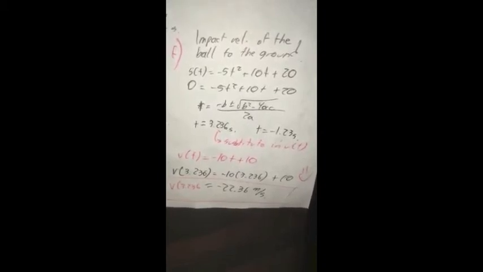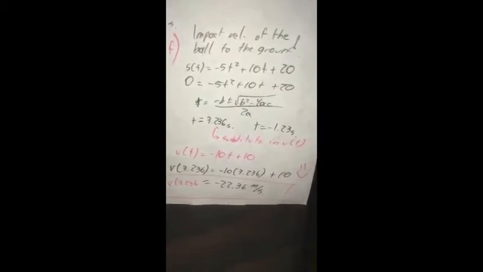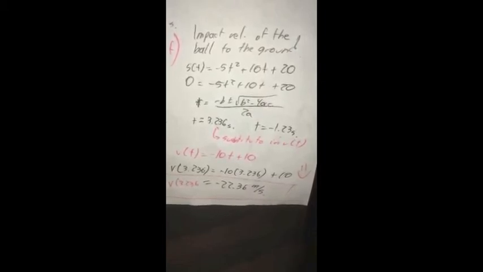Now we're going to check the velocity of the ball when it was about to hit the ground. For this we're going to use the position formula that we already know, and we're going to substitute the values that we already have in the general formula. In this case, -5 is a, 10 is b, and 20 is c.